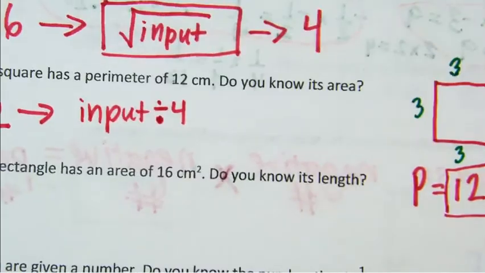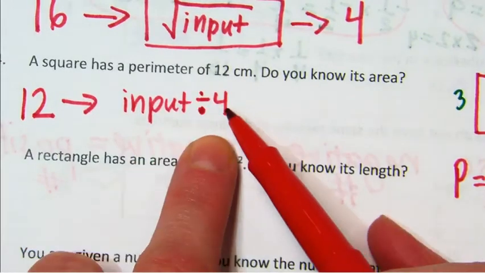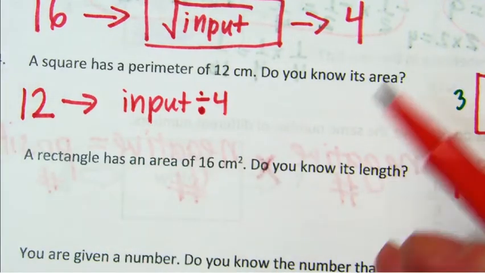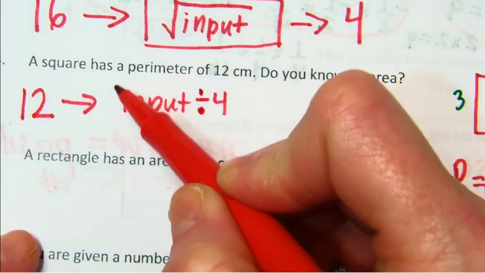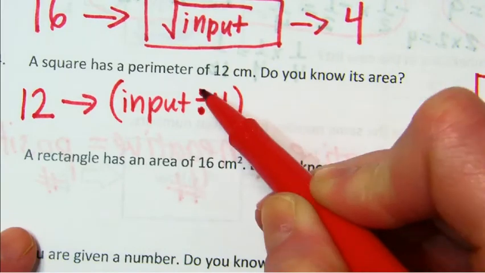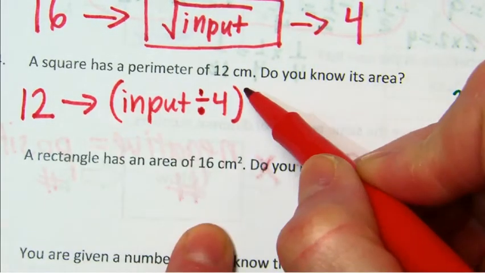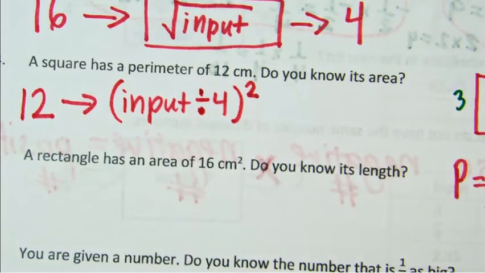So we can think of that word squared. So we could say input divided by 4, then square it. You could say that. Or we can put it in parentheses because this has to be done first. And I can put a little exponent of 2. That's a shorthand way of saying squared.